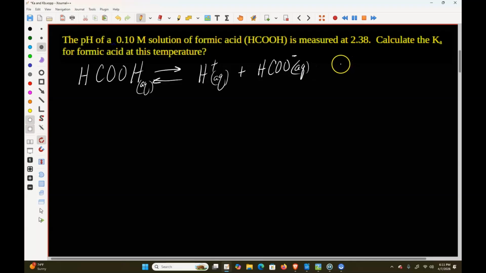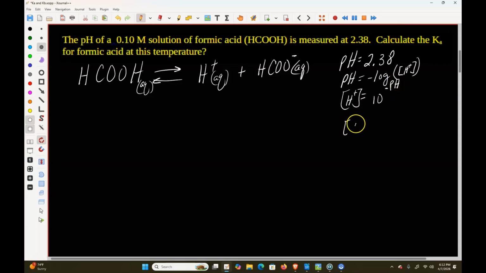I know that the pH is equal to 2.38. If you remember, pH is equal to the negative log of the H plus concentration, and the H plus concentration is equal to 10 raised to the negative pH.